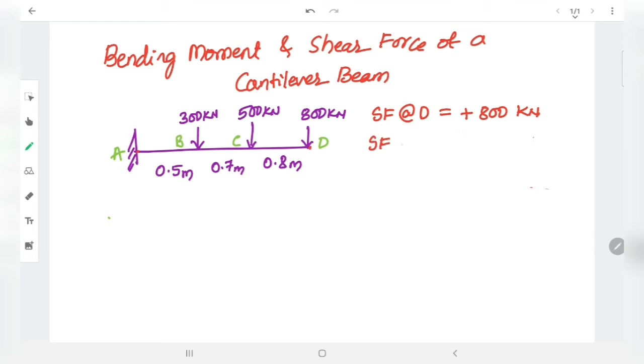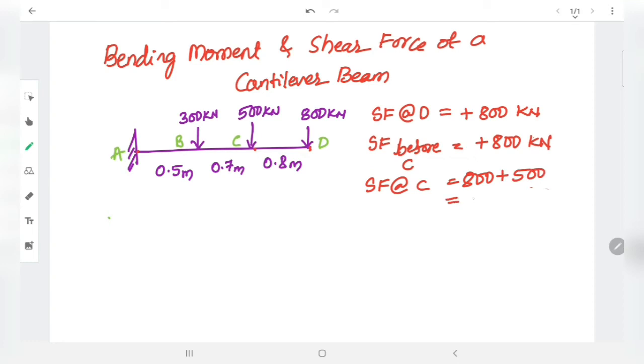Shear force just before point C, from here to here, is how much? Shear force before C is again 800 kilonewton. So shear force at C is equal to how much? 800 plus 500, equal to 1300 kilonewton.